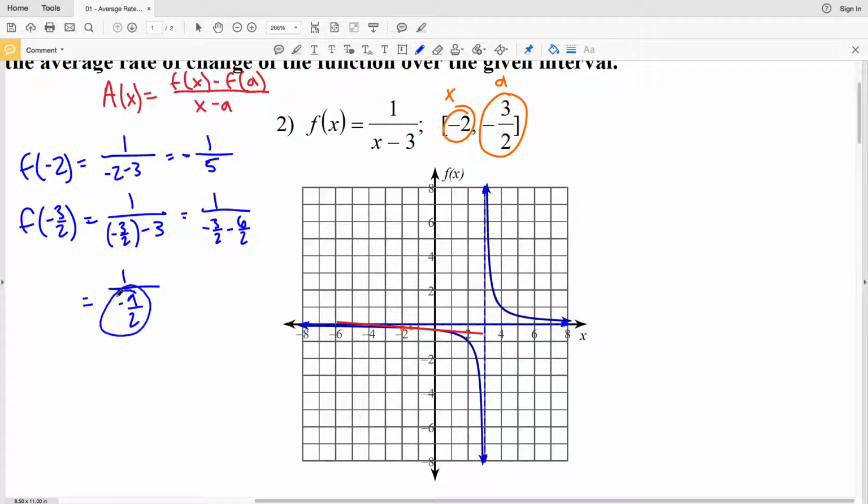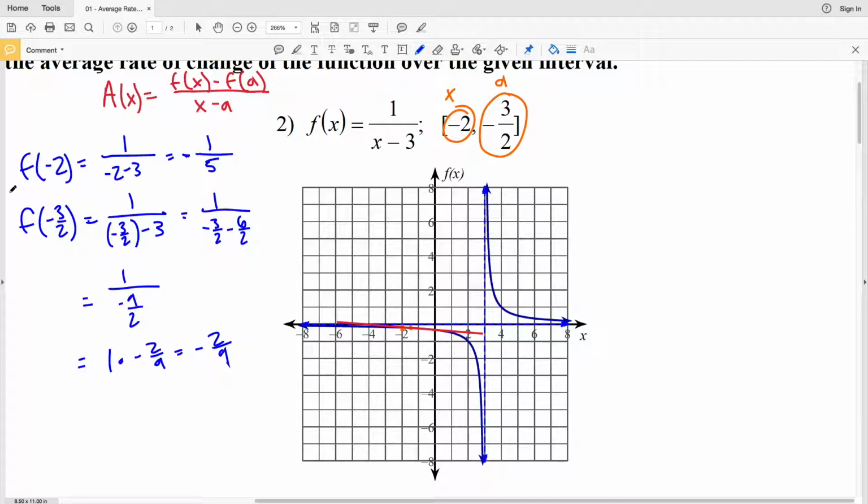And when you're dividing by a fraction, you're just going to multiply by that reciprocal. So we're going to flip that fraction and multiply. So we'll have 1 times negative 2 over 9, so we'll have negative 2/9 as f of negative 3/2.